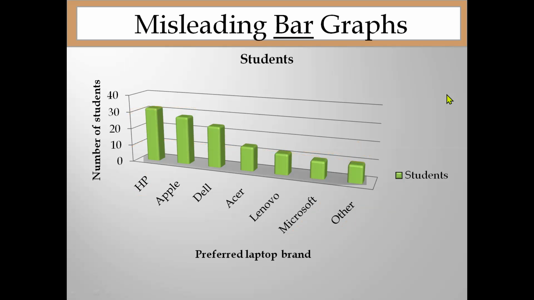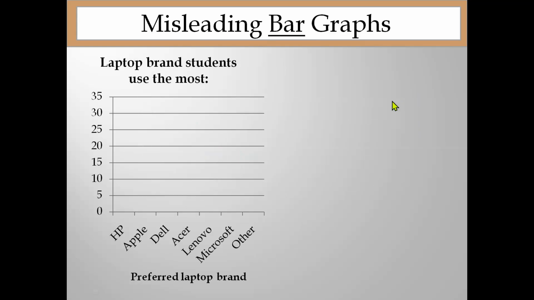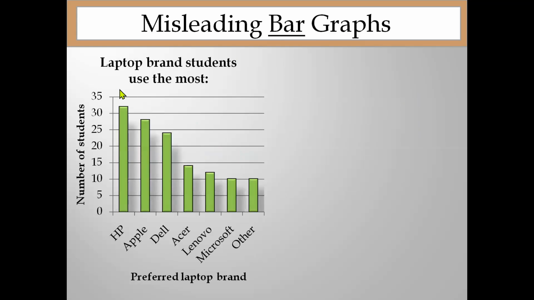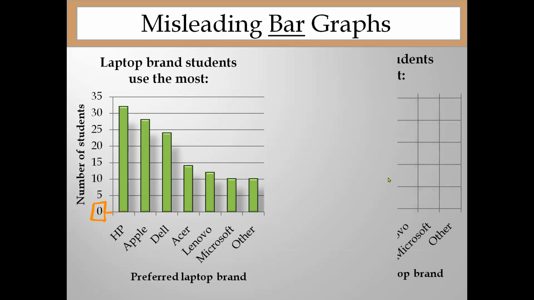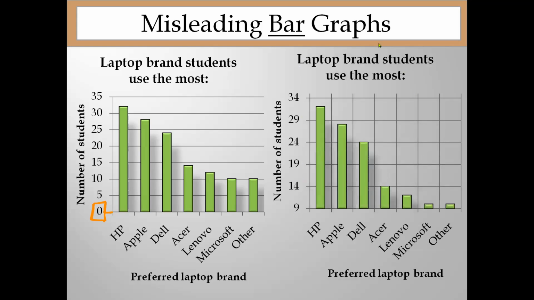Second up, we want to look at bar graphs and the way we scale things. In particular, any irregular scaling or the absence of a zero. Here on the left, we have what we expect a standard bar graph to look like with the zero indicated. Now let's look at a second graph that has irregular intervals and the absence of the zero. In this situation, we're starting at 9 instead of 0.